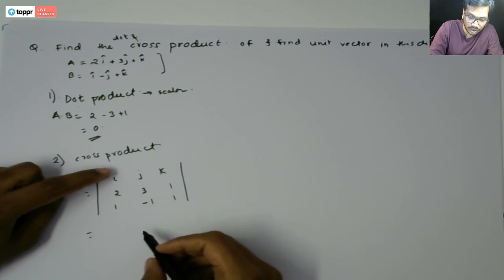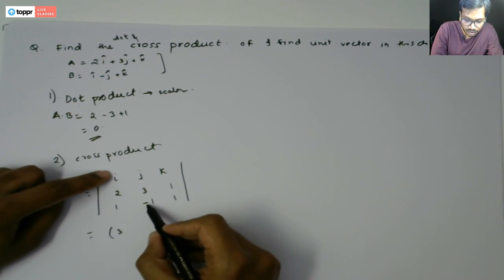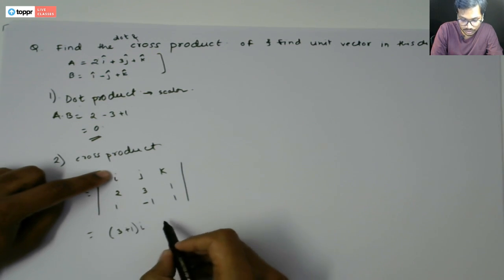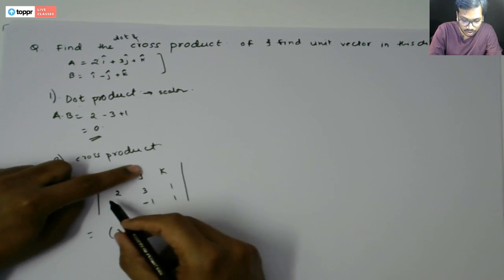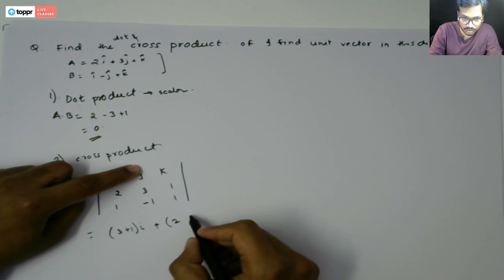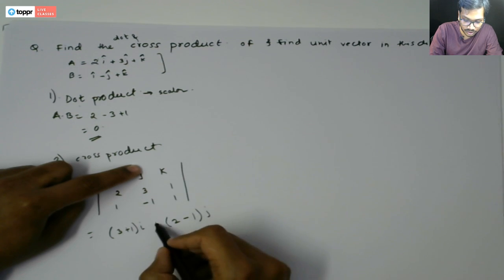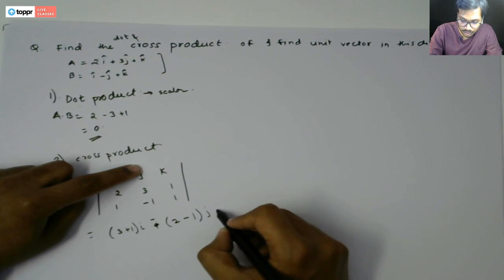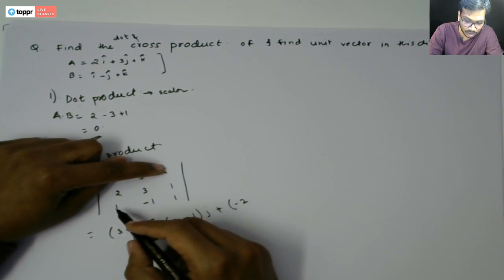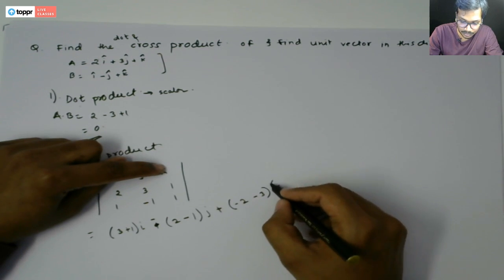Now if we find the answer of this determinant, that will give us the A cross B vector. So A cross B would be 3 into 1, 3, minus 1 into 1, minus 1, that is minus of minus 1 plus 1, i cap, plus 2 into 1 minus 1 into 1, into j cap, this would be minus, and plus k into 2 into minus 1 minus 3 into 1, k cap.